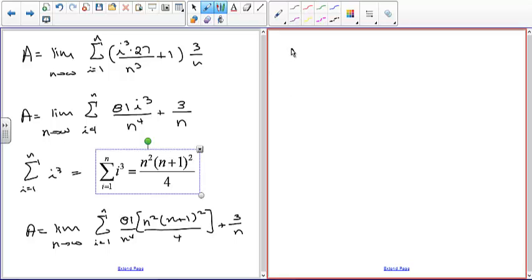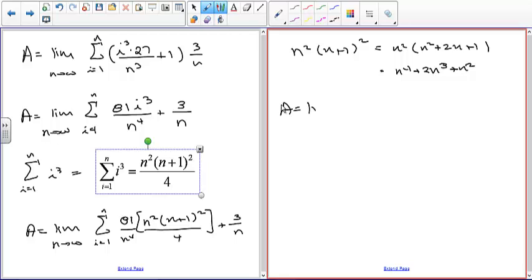Okay, so let's multiply this out. n squared times (n plus 1) squared: you multiply this out, you'll get n squared plus 2n plus 1. And then you multiply by the n squared, you get n to the fourth plus 2n cubed plus n squared. So the area is equal to the limit as n goes to infinity of the summation from i equals 1 to n of 81 over n to the fourth times (n to the fourth plus 2n cubed plus n squared).